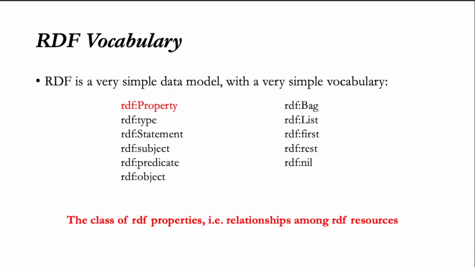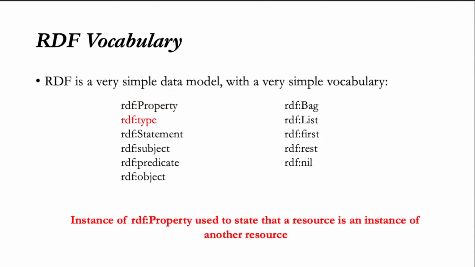So there's a property-like structure here that you can leverage in the vocabulary, and it has things under it like type, which is an instance of property. And it's used to state that some resource is an instance of another resource. Like a table that you're putting your notes on is a type of table. Now, important, RDF does not distinguish classes from instances in its vocabulary.